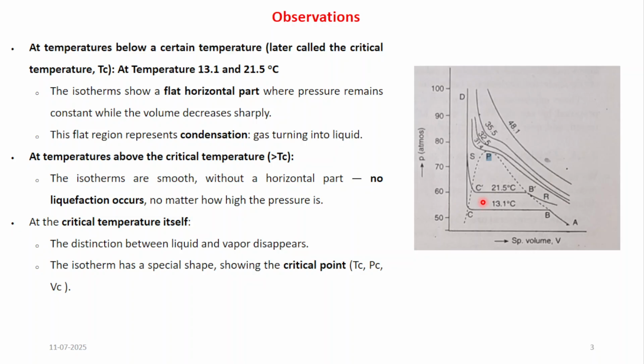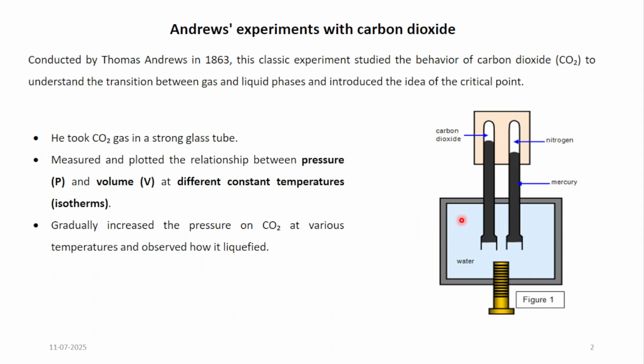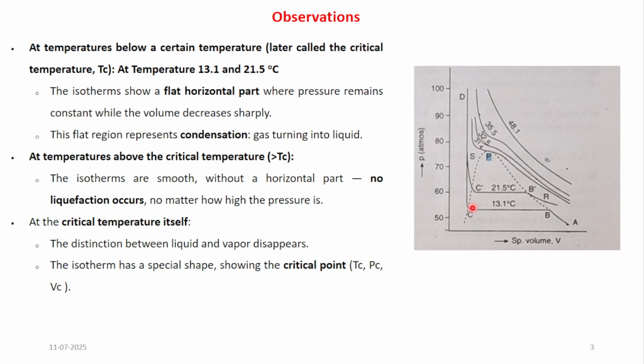If you see the behavior of carbon dioxide at a lower temperature like 13.1 degrees Celsius, when you increase the pressure by turning the screw, you go on increasing the pressure. After a certain point, there will be a sharp decrease in volume. So what do you expect?